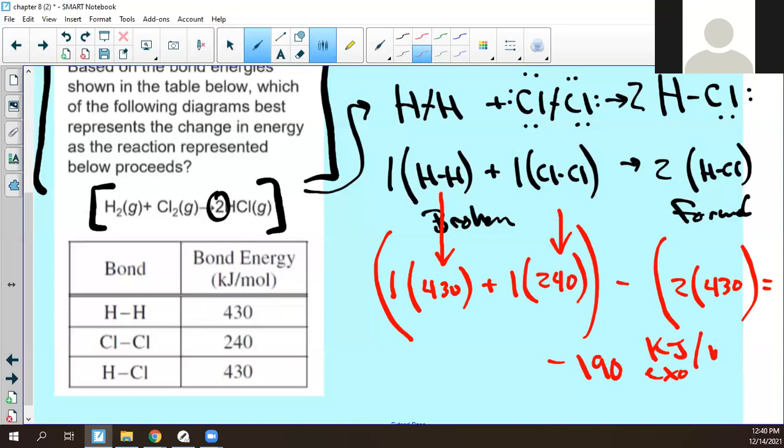And that would be per mole. Don't worry about the per mole, I've done that twice now. All right. That's not the worst thing we've done all year.